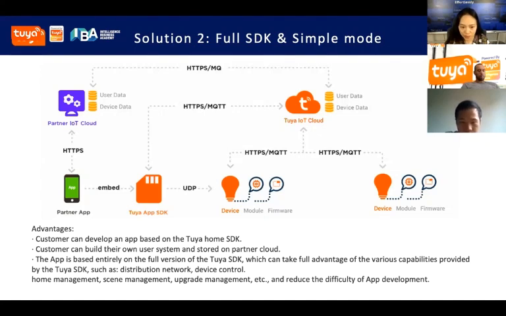You can also keep your own systems and the other device solutions. It won't break any architecture. But with these 4 versions, you can take full advantage of the various capabilities provided by Tuya, like the distribution network, the OTA function, the device control, season, upgrade manager, all the functions you can find on the Tuya platform.